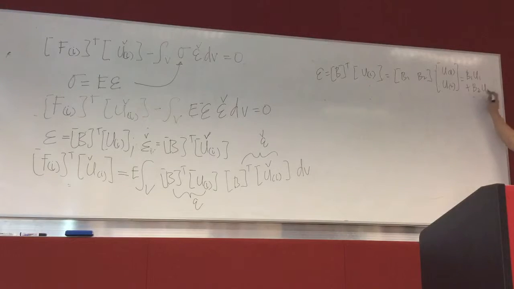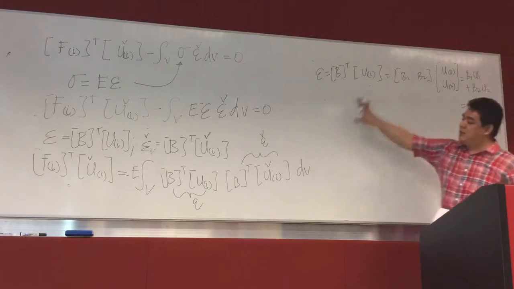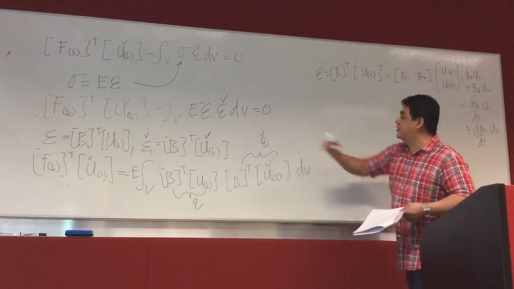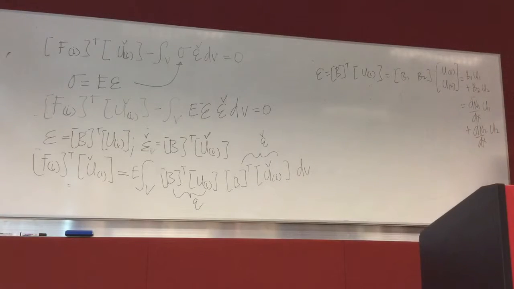Okay? So I think we got this one before. So you have dN1 dx U1 plus dN2 dx U2. So we got this equation before. So this is just trying to expand on this one here. So you can do the same with that virtual displacement. Okay?